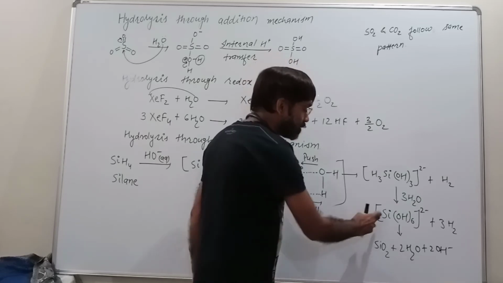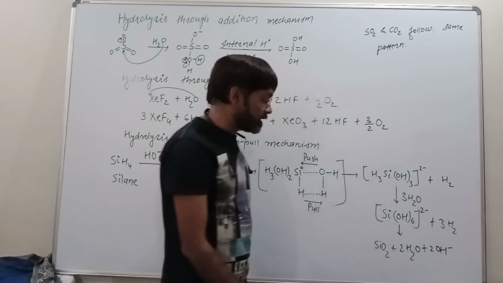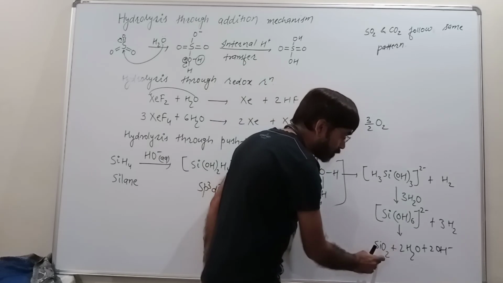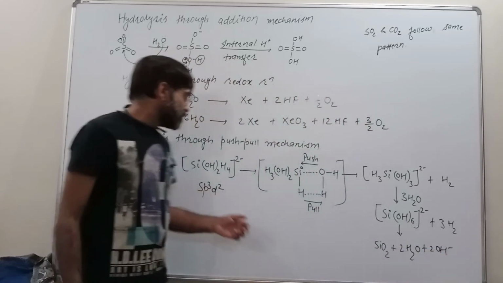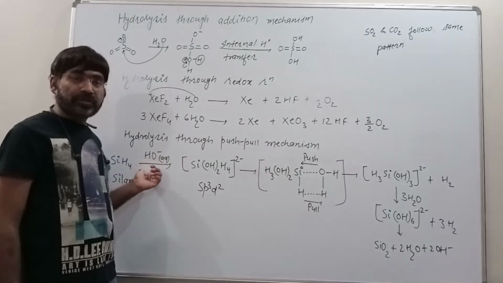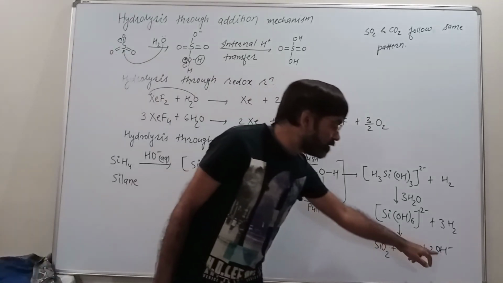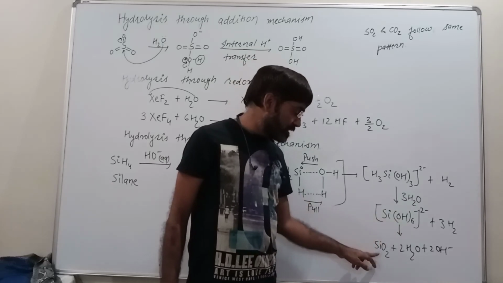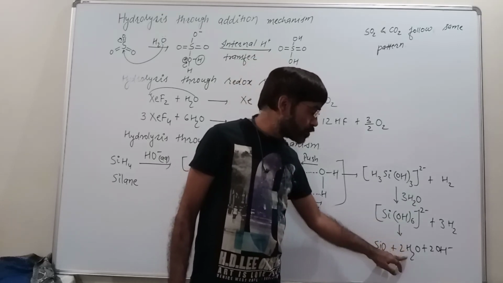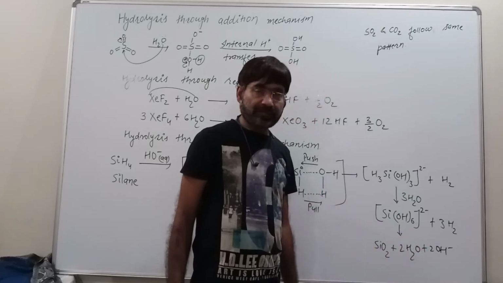So this Si(OH)6 decomposes or dehydrates to form SiO2 and 2H2O. And these two OH negative ions, which were initially connected to silicon in the form of a catalyst, finally will be liberated. So the final products will be SiO2 plus 2H2O plus 2OH negative.